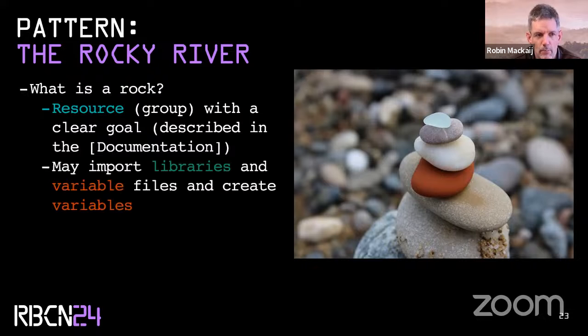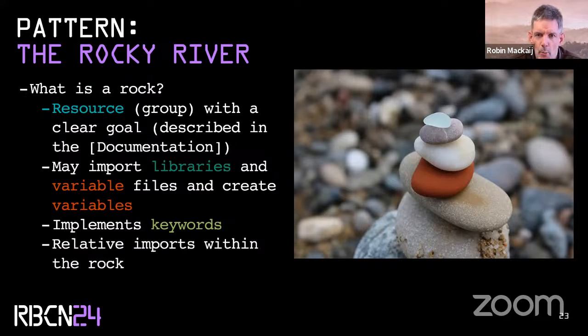Now, such a group, a rock, may import libraries and variable files and might create variables that it needs. It probably implements some keywords. And within that little rock, so to speak, you can use relative imports.